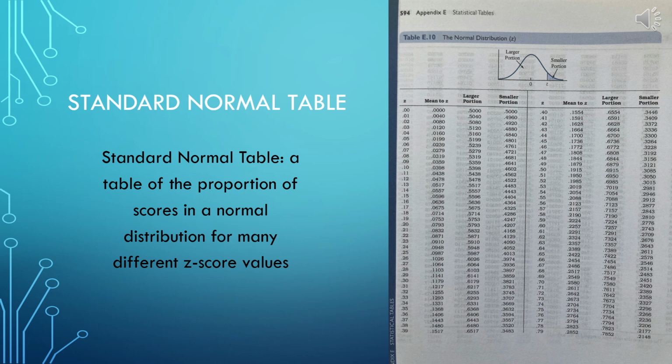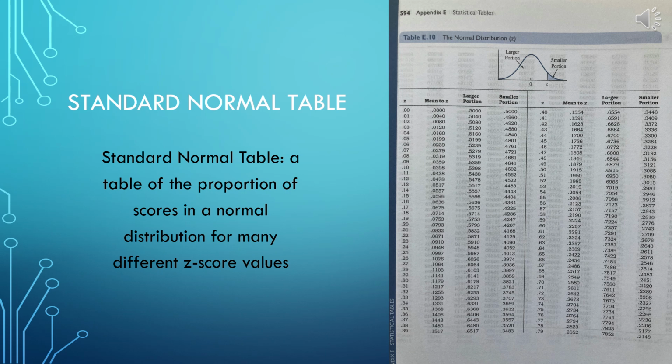So if you look at the very first row, at a z-score of 0.00, well, what is a z-score of 0.00? If z-scores are distance away from the mean in units of standard deviation, that means 0 units away from the mean, 0 standard deviations away from the mean. So it is the mean. A z of 0 is the mean.